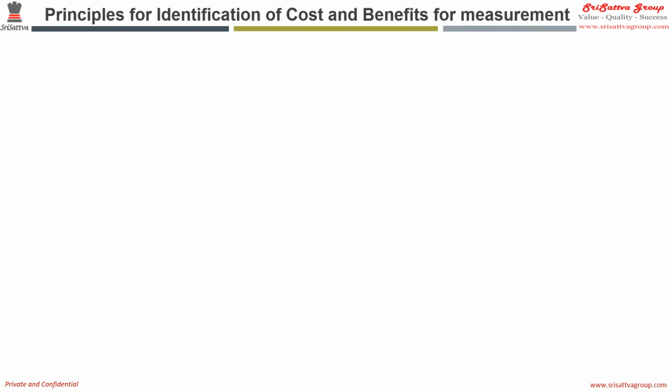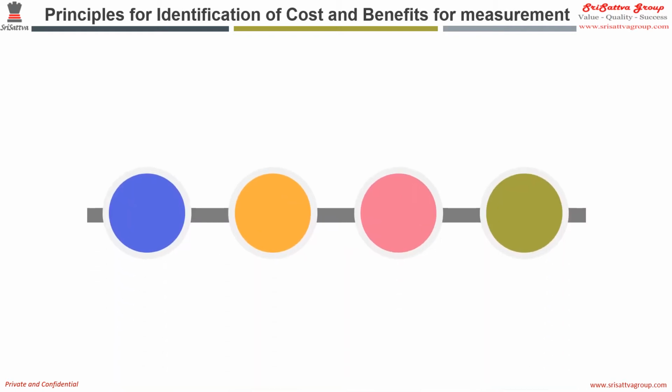Principles for identification of costs and benefits for measurement. The cost and benefit of an option is identified for measurement if it passes the principles of controllability and relevance. Controllability: those costs and benefits which arise due to choice of an option. In other words, benefits received and costs incurred are directly related with the choice of the option.